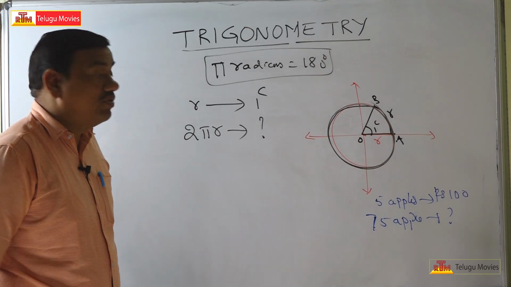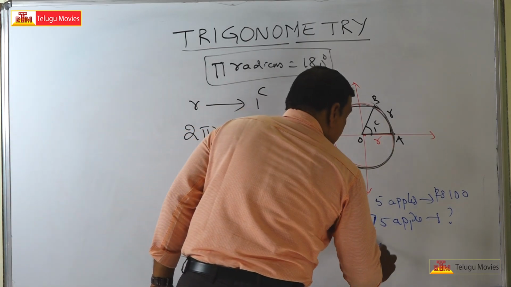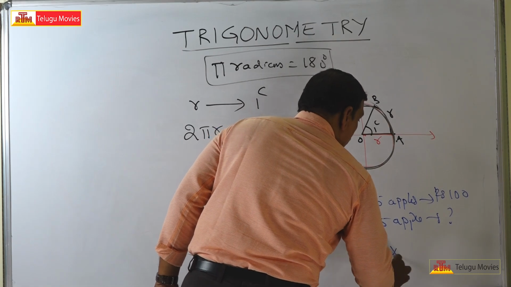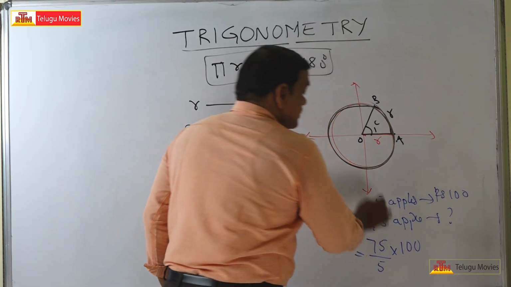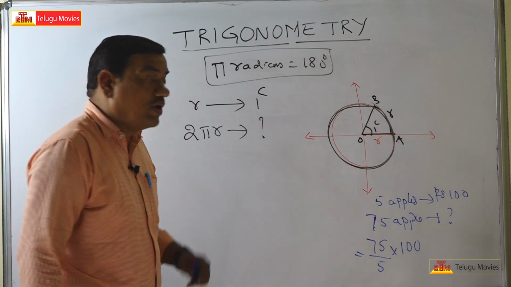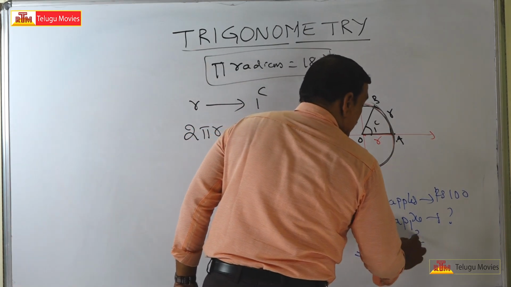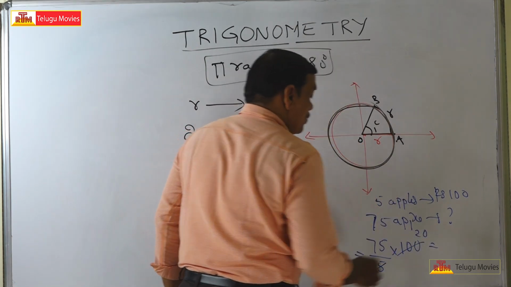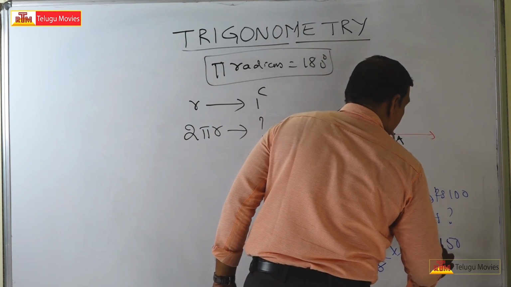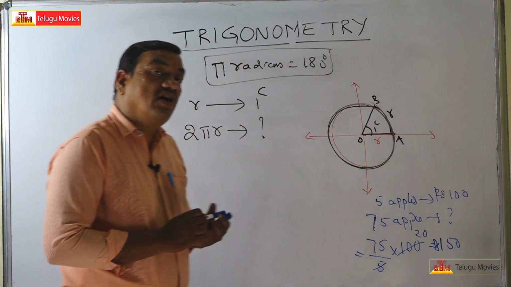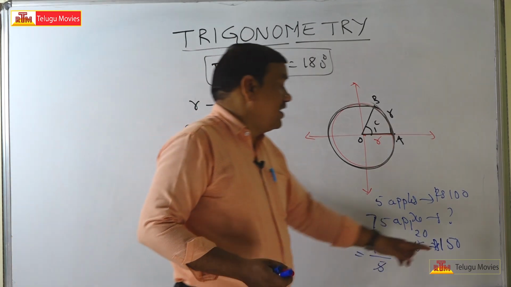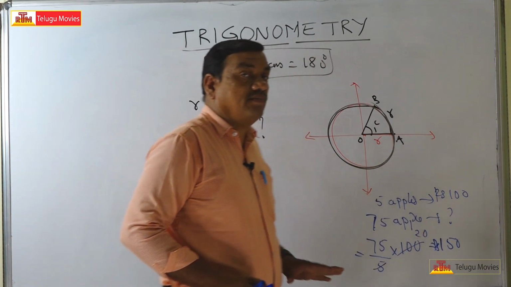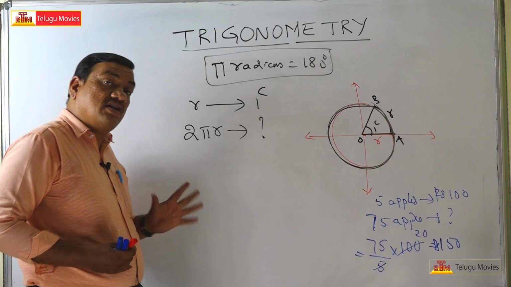How will we do it? 75 by 5 into 100. 5 ones are 5, 5 twenties are 100, so this is equal to 1500 rupees. You are calculating or not? Ultimately what you are getting here? Rupees. Here also the same concept I will apply.